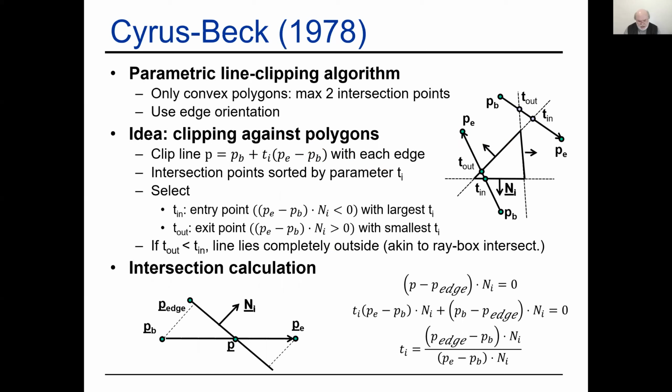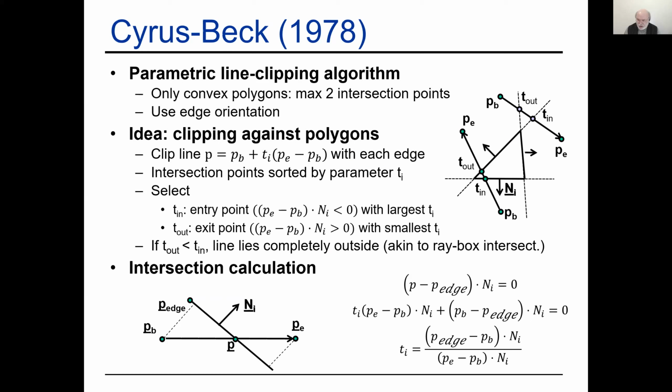So another, a little bit more general way of doing this is the Cyrus-Beck algorithm from 1978. It's a parametric line clipping algorithm, and it works on convex polygons, so it's more general than the previous one, even though you can generalize the previous one to more general cases as well.